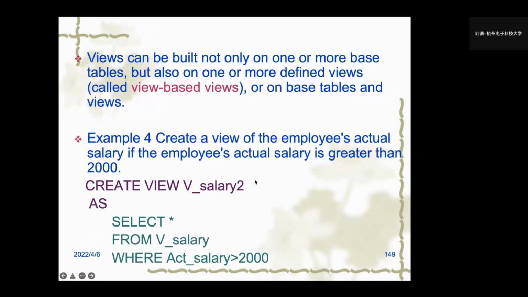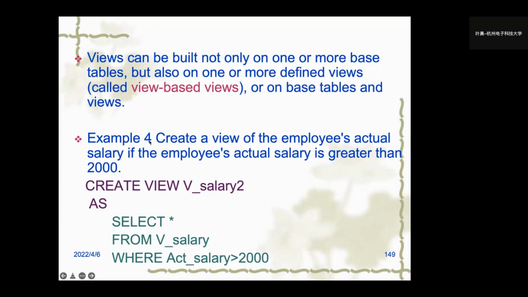And views can be built not only on one or more base tables, but also on one or more defined views. We call these view-based views, or views on tables and views, both okay.